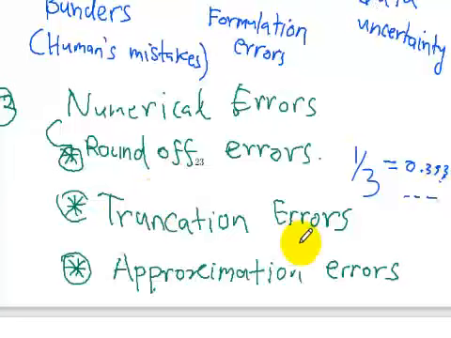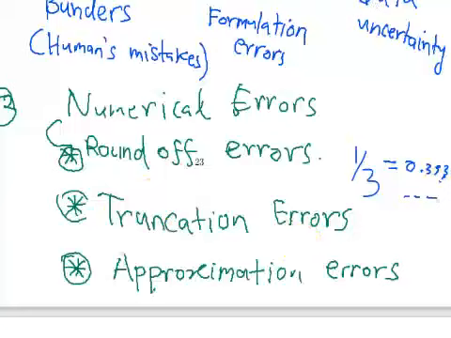Now the truncation error. When we talk about truncation, we are talking about truncating an infinite series. I think you remember how we computed the Taylor polynomial and Taylor expansion.